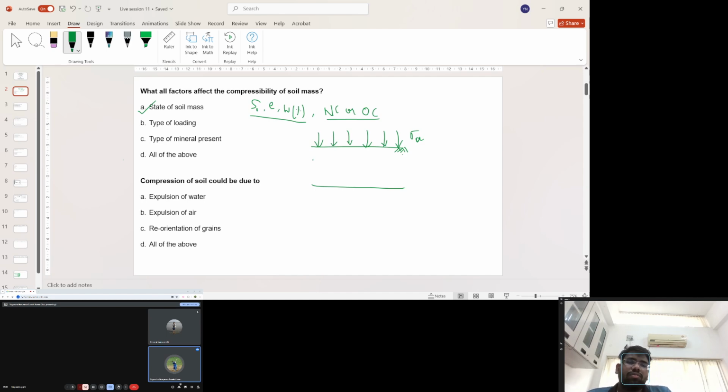And what if we remove the load? Let us consider a situation where the soil up to this level is excavated.